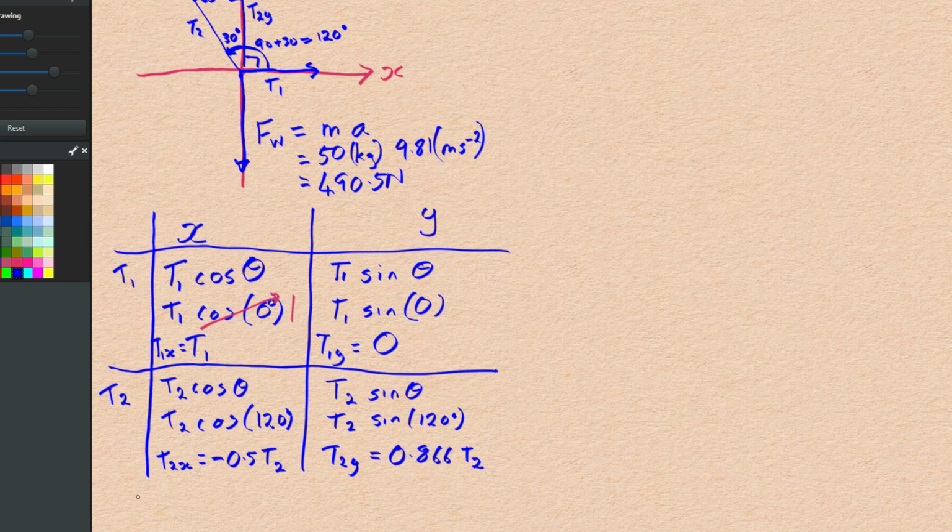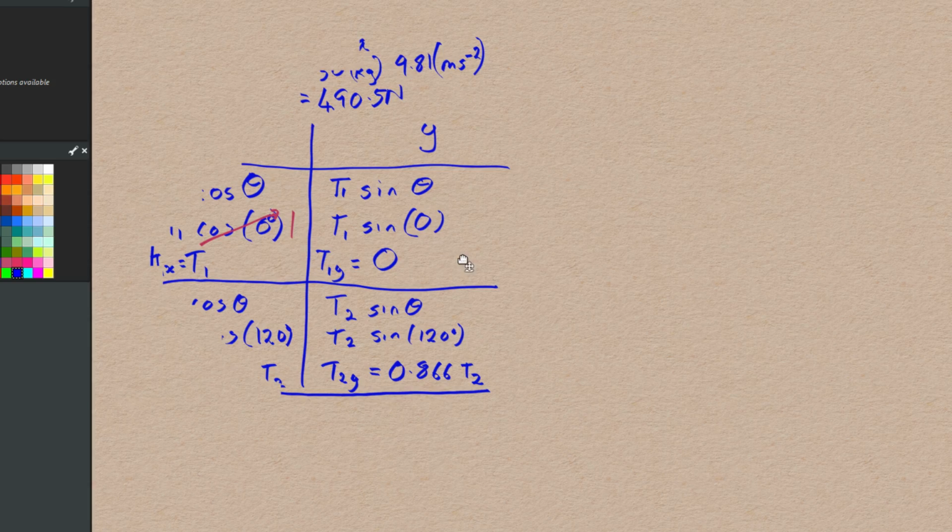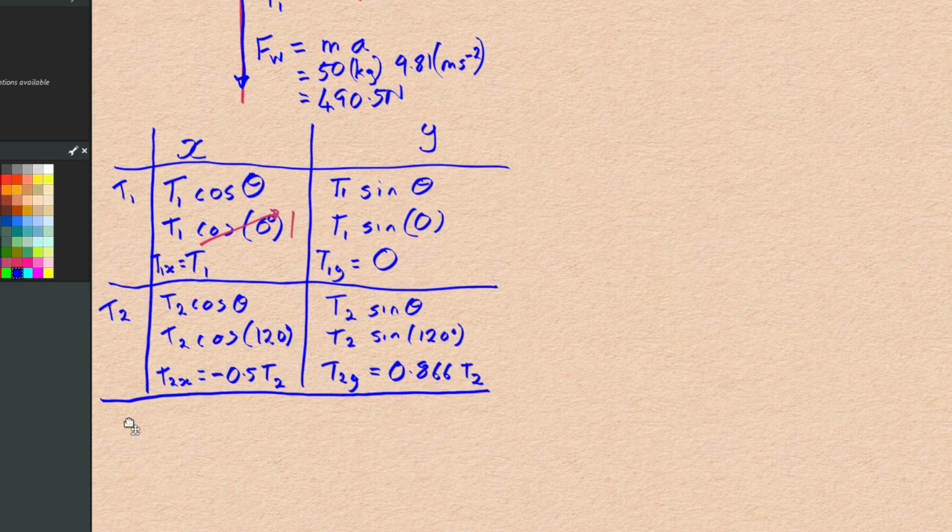Finally, we'll do our weight force calculation. Our force due to weight, which we do have a number for, I like to write in here: 490.5.